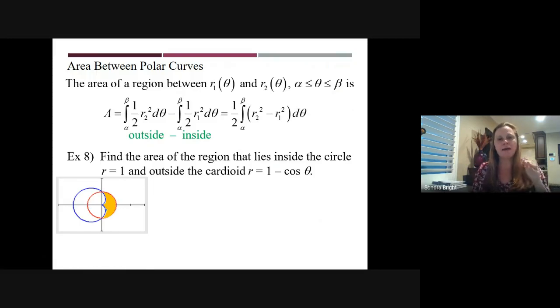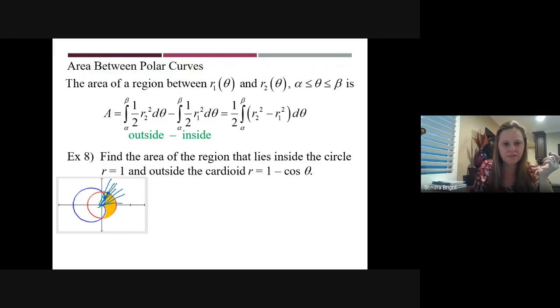When you're talking about which one is outside and which one is inside, I hope you can see from this, as you draw sectors or lines radiating out from the origin to each of these, you're hitting the outside and you're hitting an inside point.